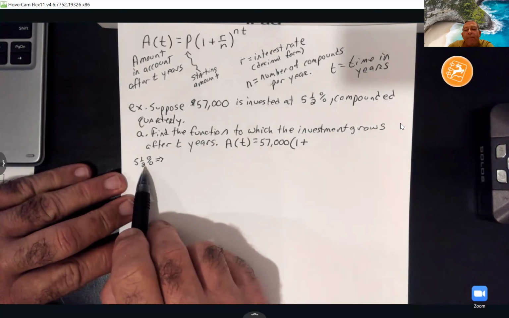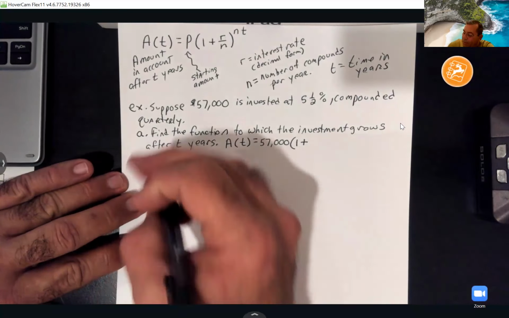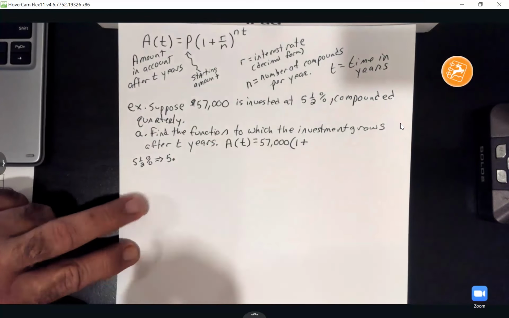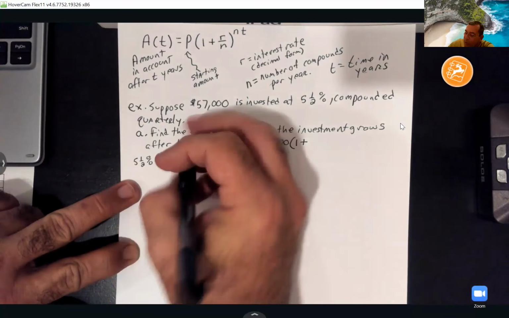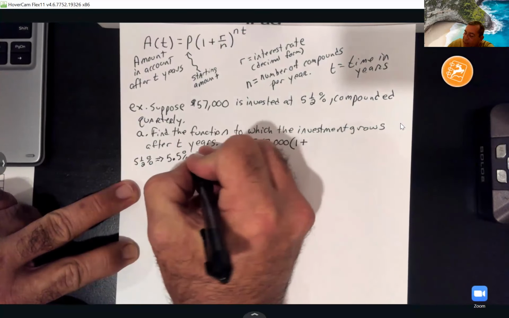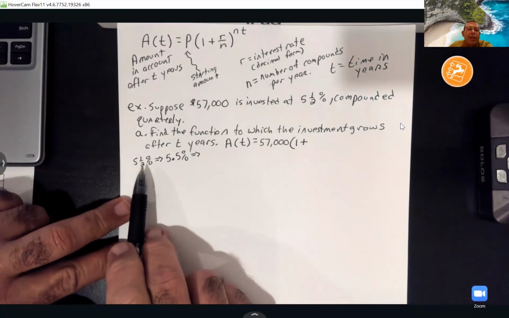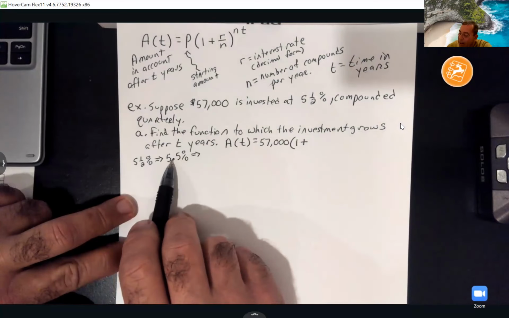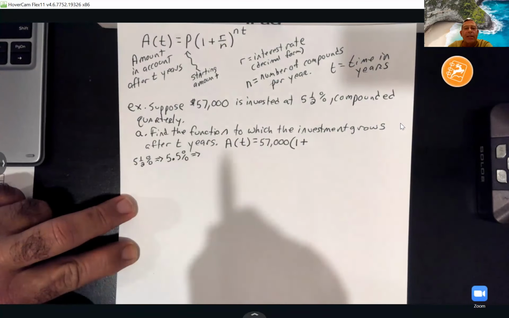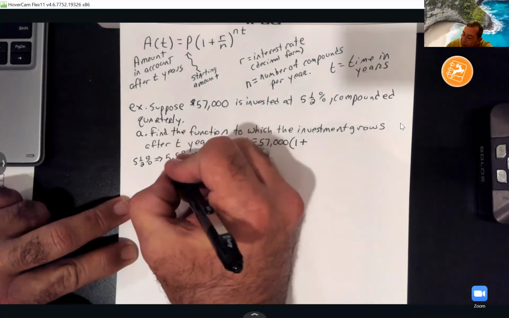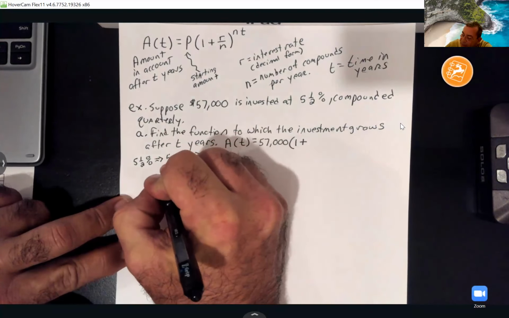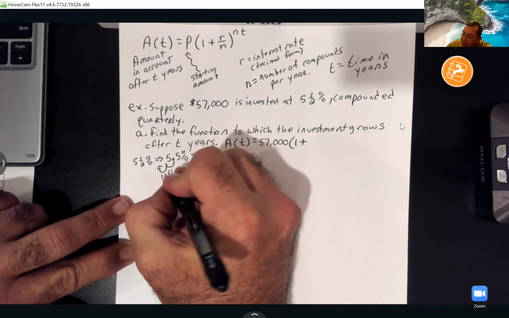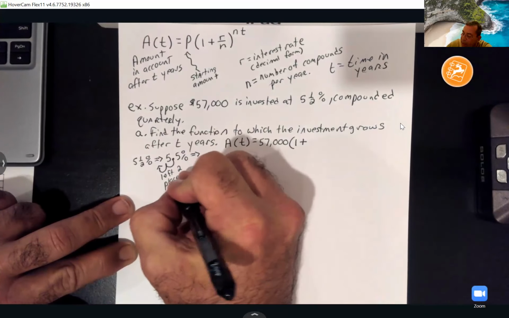How would y'all write 1/2 in decimal form? 0.5. So I just turned the 1/2 into my 0.5. Now, to turn a percent into a decimal that I can plug into this, you got to move the decimal left 2 places here, okay?